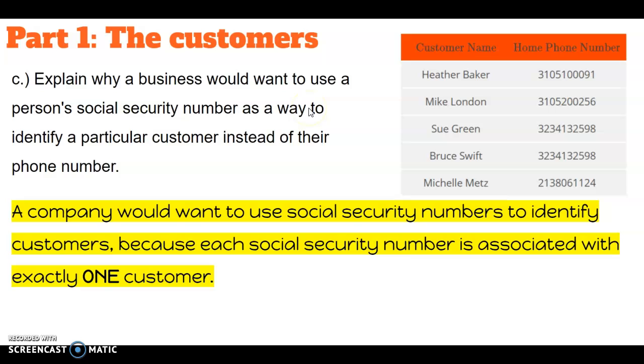Absolutely. A company would 100% want to use social security numbers to identify a person because each person doesn't have the same social security number at all. Think about it like phone numbers, like I was saying earlier. If you get a new phone number, somebody else can have your old phone number, or 500 other people could have your old phone number. It just all depends. Sometimes you get those calls where it's like, hey, is Miguel there?